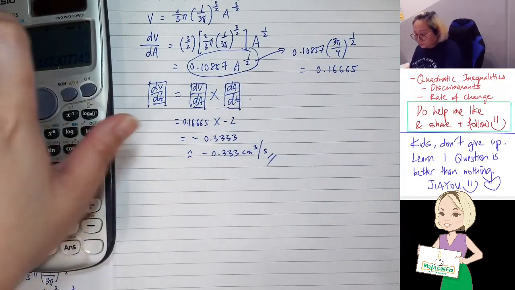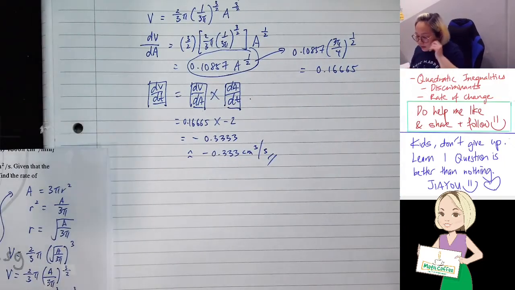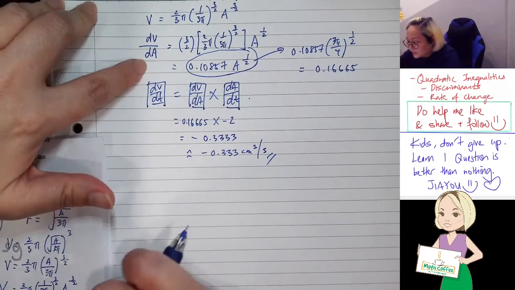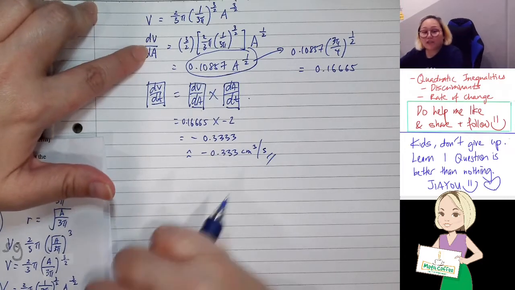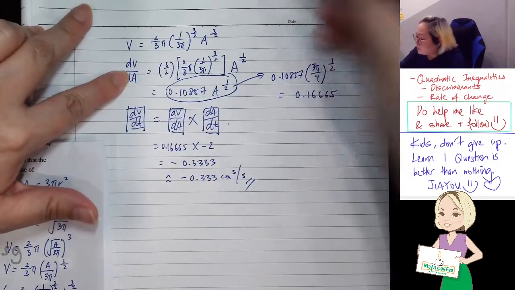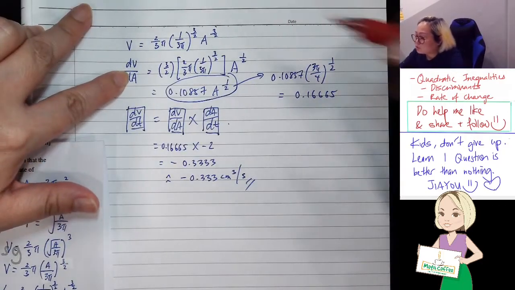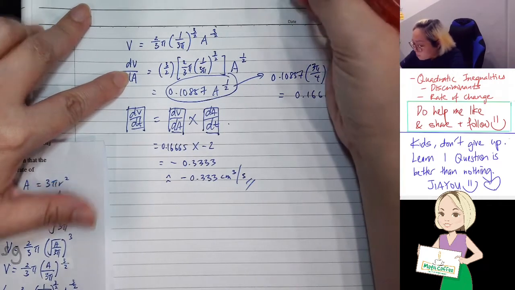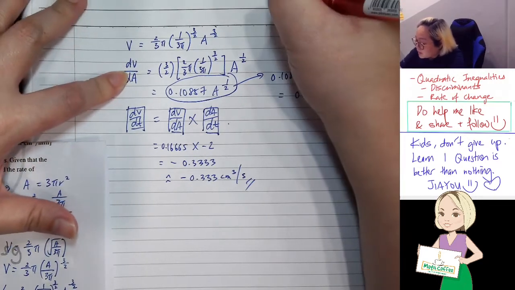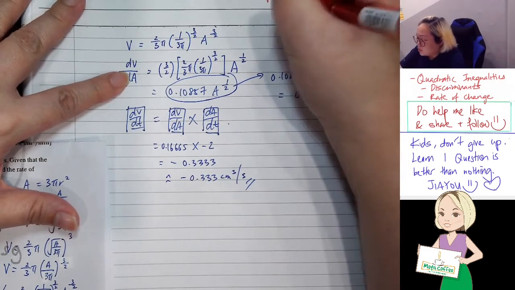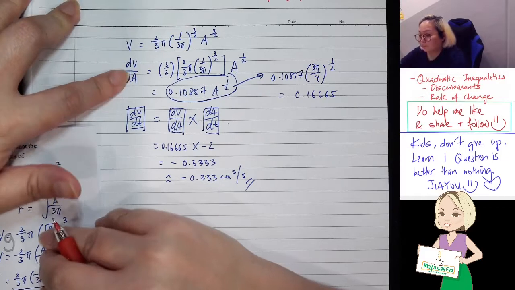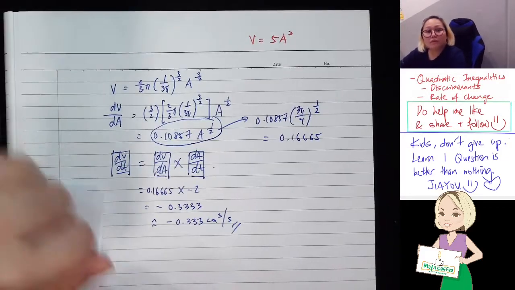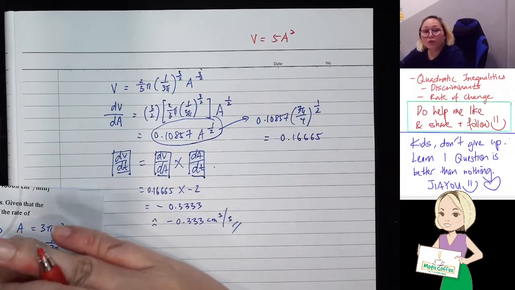Done. How do you get from the first step to the second step? Differentiation. Let me just explain. This is the first rule of differentiation. If I have V equals to 5A squared, how do you differentiate this?